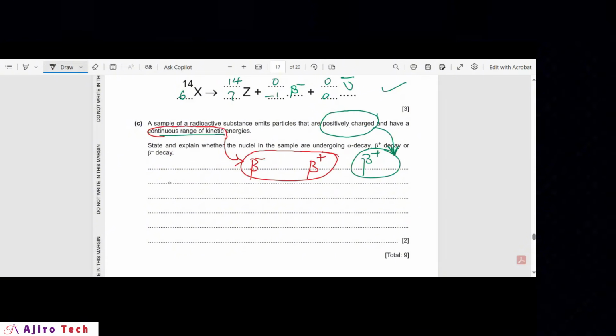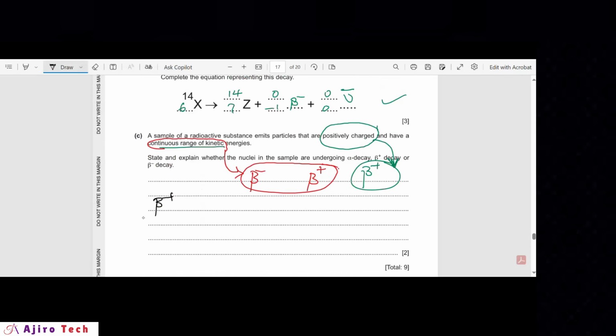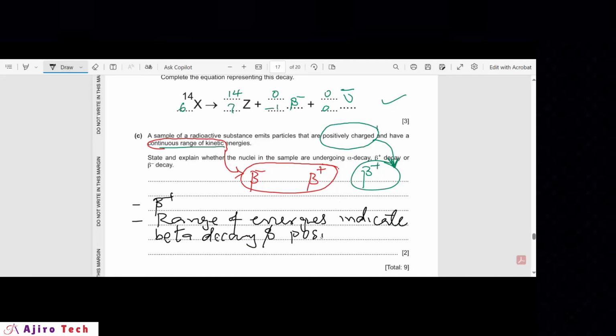It is beta plus. That's point one. Why? Because the range of energy indicates a beta particle, and positively charged indicates beta plus.